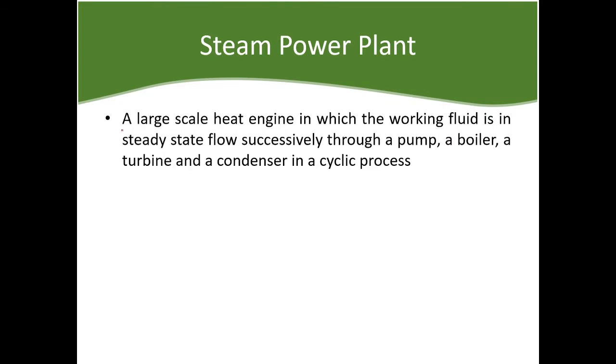In a steam power plant, it's a large-scale heat engine wherein the working fluid is in steady state, pump through the cycle. So, gumagamit ng pump, boiler, turbine, and a condenser. So, yun yung four basic parts ng steam power plant.